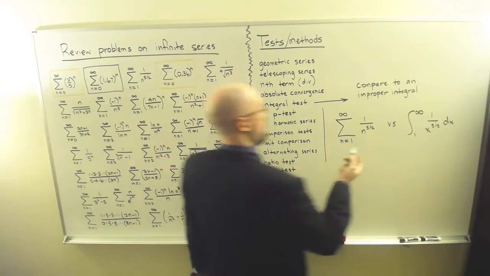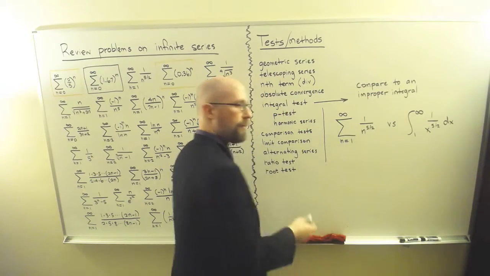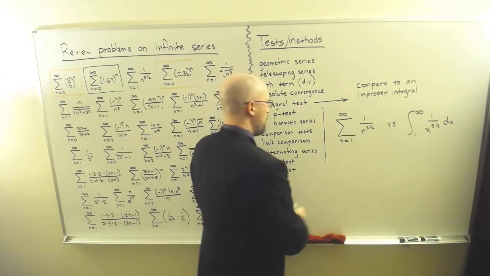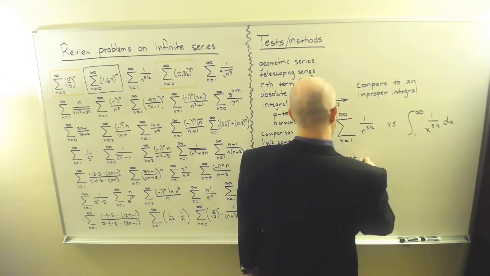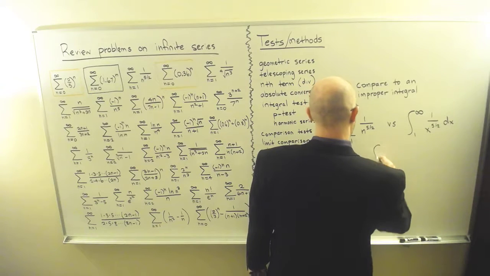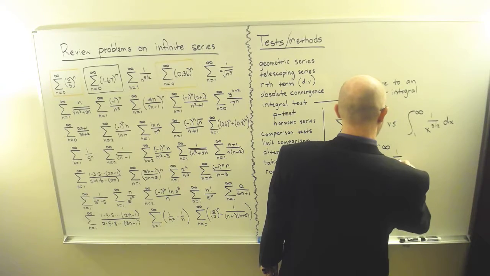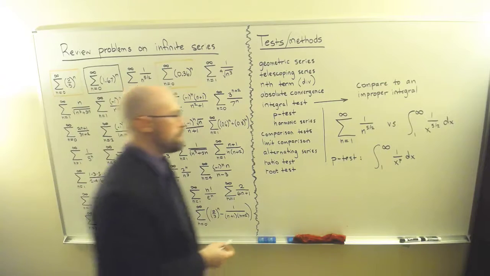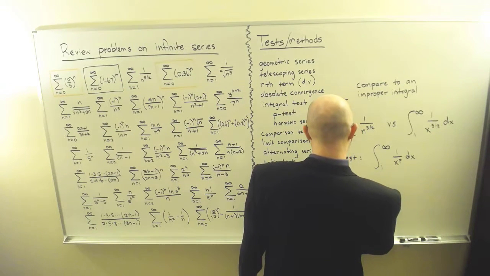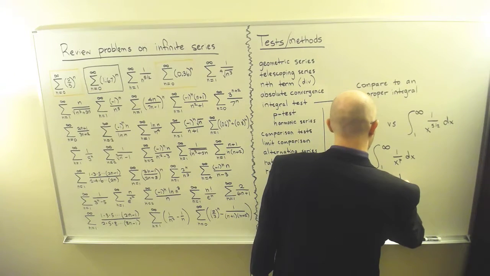However, what you really do in this case is just look at the power, because you remember what the p-test came from. If you're looking at the integral from 1 to infinity of 1 over x to the p dx, you remember that this converged if p was bigger than 1.